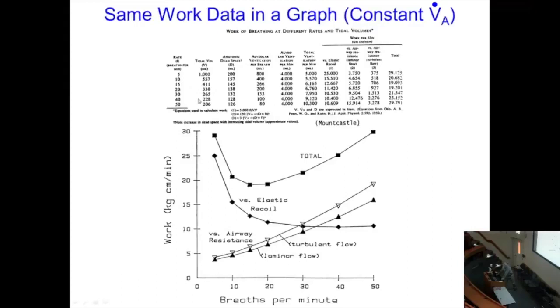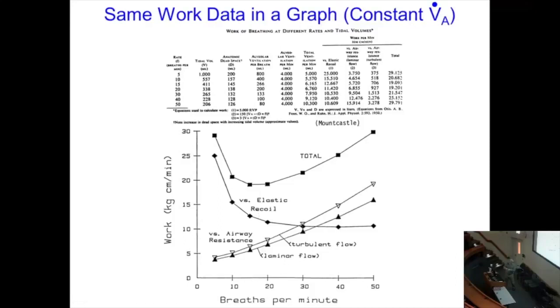So with these higher breathing rates, the tidal volume is really not changing very much. 206, 220, 260. Pretty small changes, and so there's a small increase in work against elastic recoil, but not very much. And this is also happening in the efficient part of the curve.